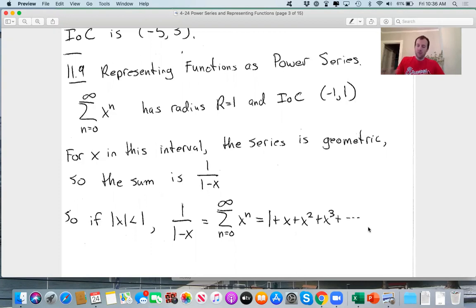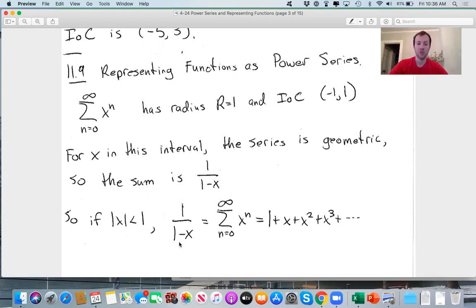The first way that we'll start with is, here is one function we know has a power series representation, because this is essentially the sum of the geometric series formula. If you have just x to the n, as long as it's in this range, it converges to 1 over 1 minus x.